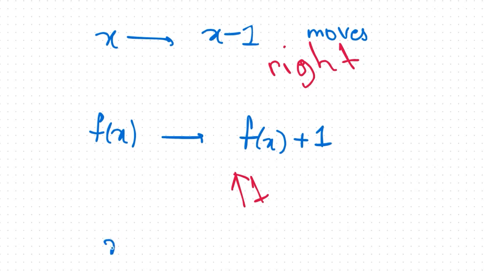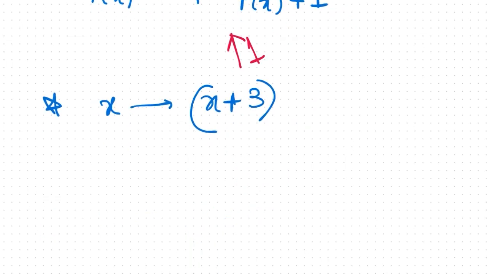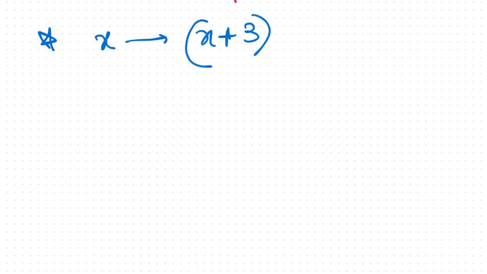So in general, let's say if x becomes x plus 3, how will the transformation occur? So x becomes x plus 3, so then we'll move. What happens?